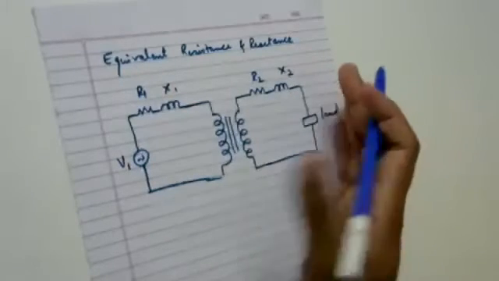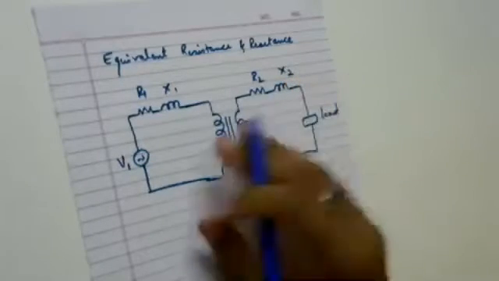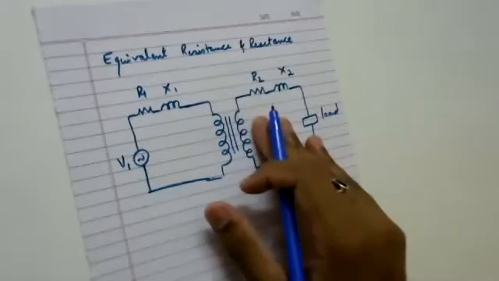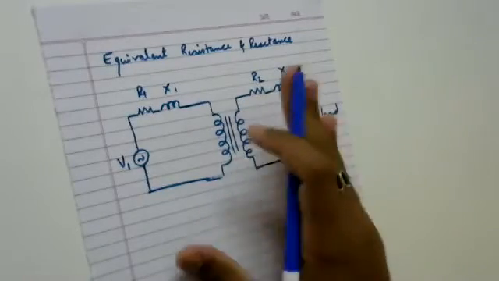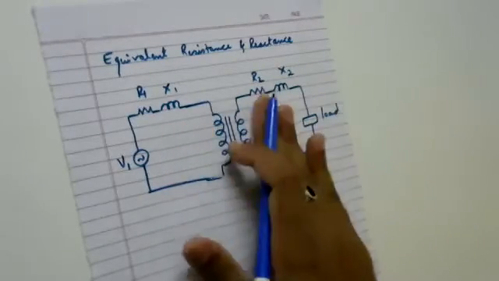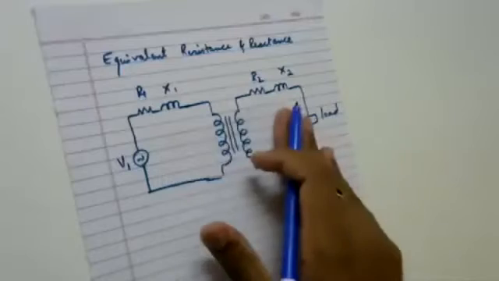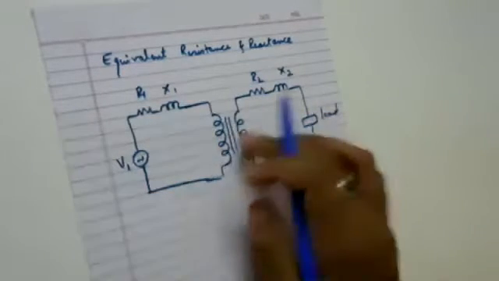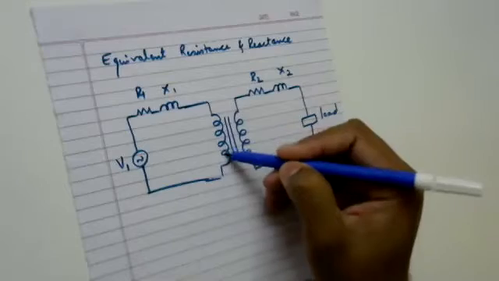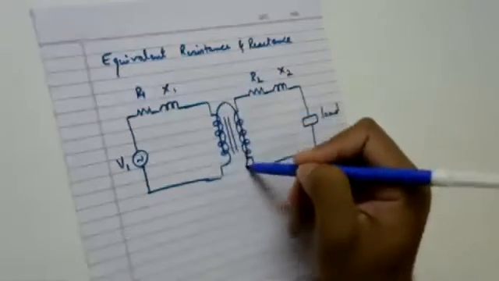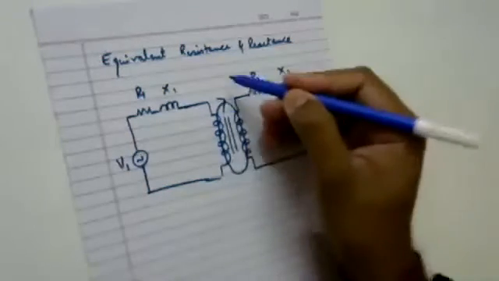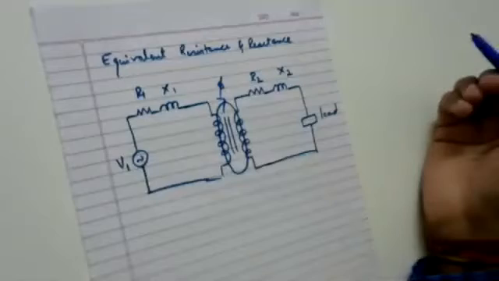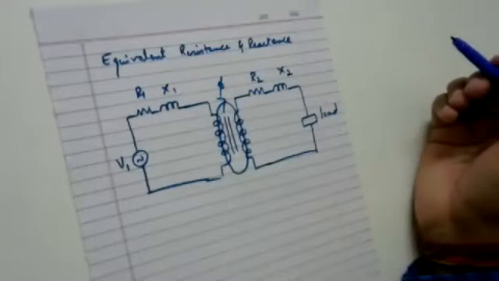In this transformer, both primary and secondary are electrically isolated. There is no electrical connection between these two circuits. But they are coupled magnetically with the help of a flux.